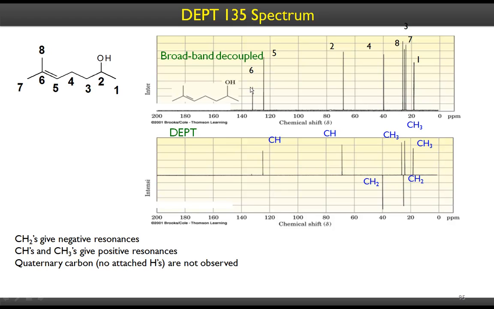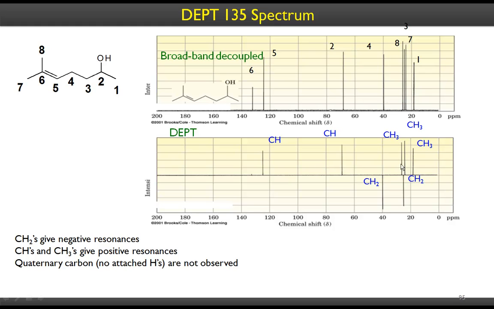So we can assign this peak to the quaternary carbon. The missing information in DEPT 135 tells about one carbon, right? That is the quaternary carbon. Then we have negative peaks. This one here at 40 must be CH2, and there is one here at 20 or so, and that chemical shift can be assigned to a methylene.